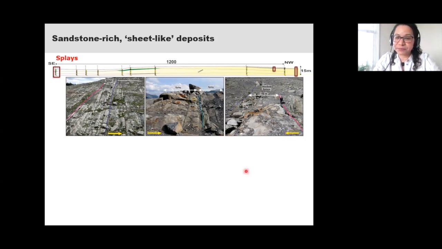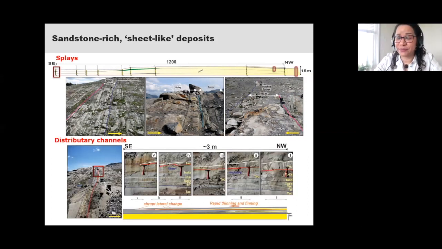The next element that we find, even though everything looks like sheet-like deposits, and that is why I put it in quotation marks, is that I recognized numerous distributary channels. And this was a very interesting finding for us, because where we walked down in the rest of the upper Casa, we have few places where we already identified distributary channels.